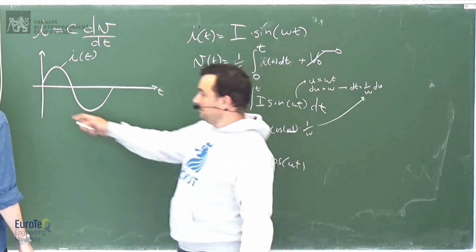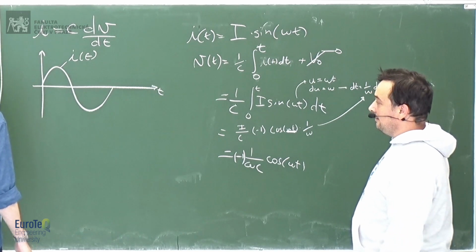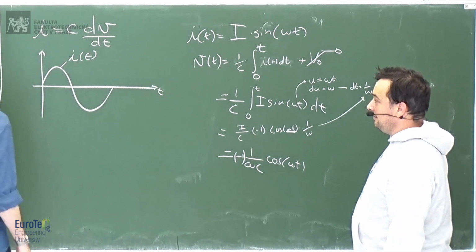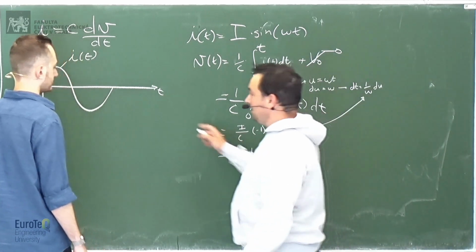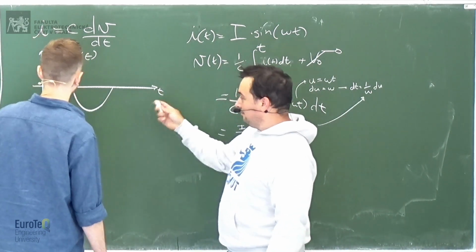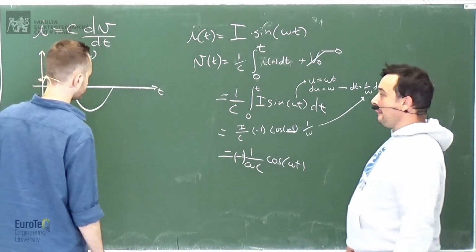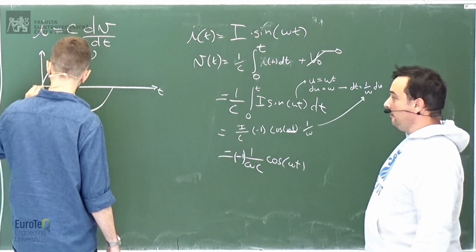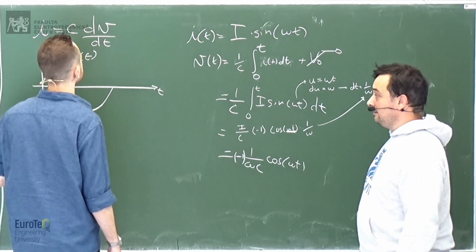So this is 0 or 2 pi, and that's pi over 2. Okay, so this is time domain. This is time. Just draw a minus cosine in this. Yep. Minus cosine, not minus sine.